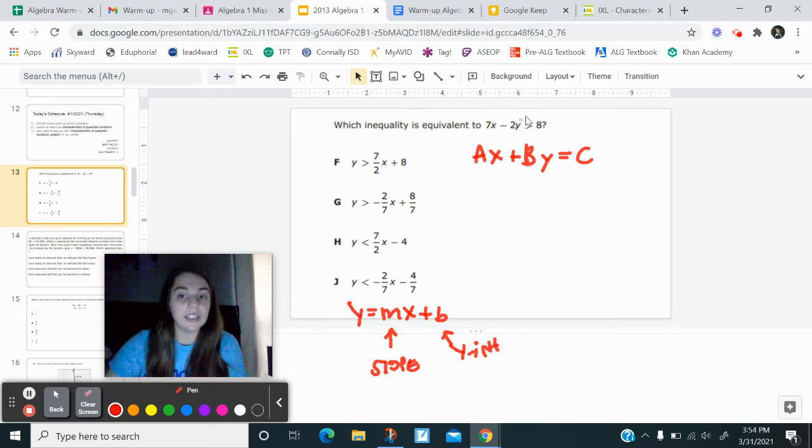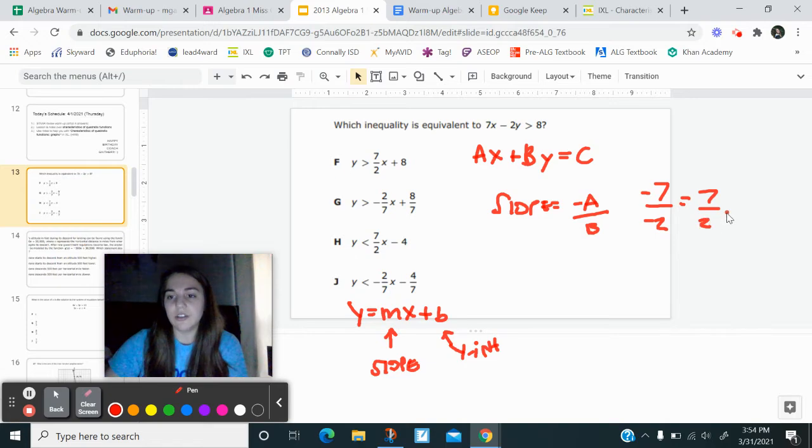So let's go find that and see which one of these has the same slope and y-intercept as this equation up here. If I were finding the slope for standard form, it is -a over b, which means we have -7 over -2. Now we know that 2 negatives put together will make a positive. So this is the slope that we are looking for.